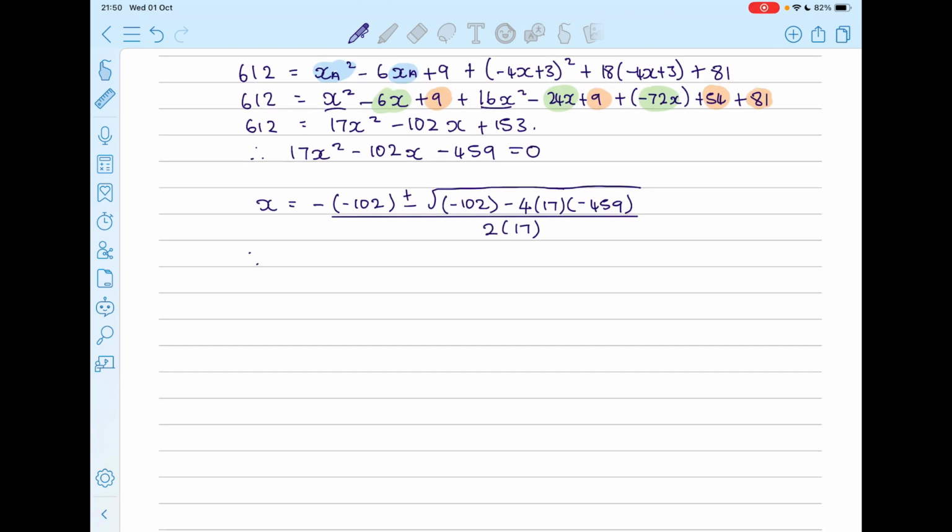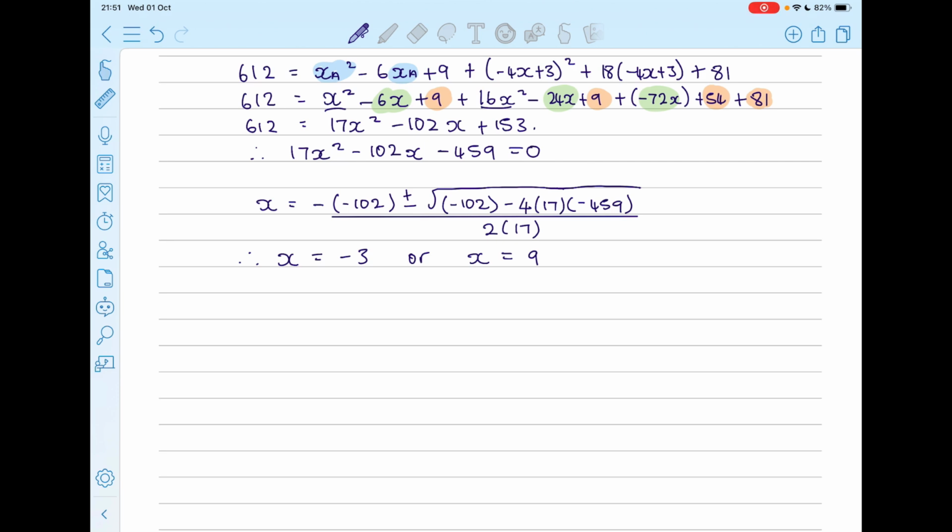And simplifying this, you end up with x being equal to negative 3, or x is equal to positive 9.